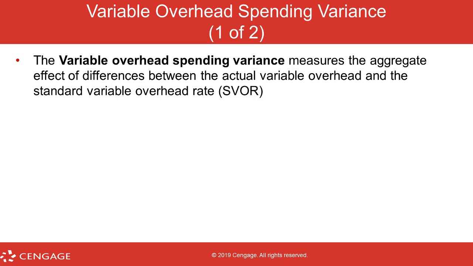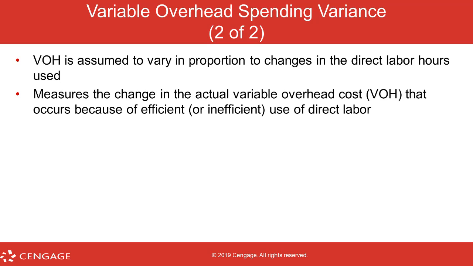For the variable overhead spending variance, we're looking at the difference between what the standard was and what it actually came out to be. And so, as the name implies, with variable overhead, we know that variable overhead increases or decreases based on level of production. So we also assume that variable overhead should vary in proportion to changes in the direct labor hours used.